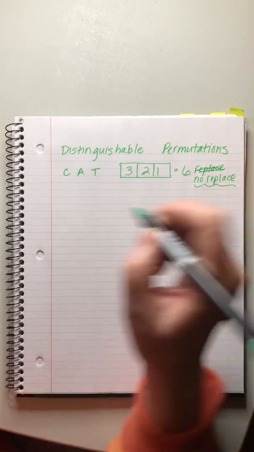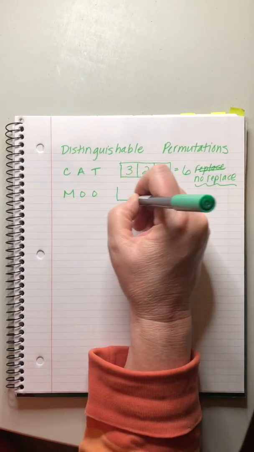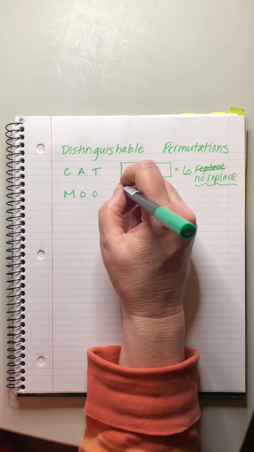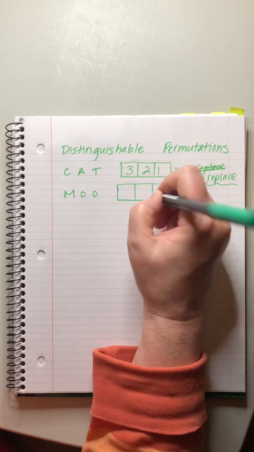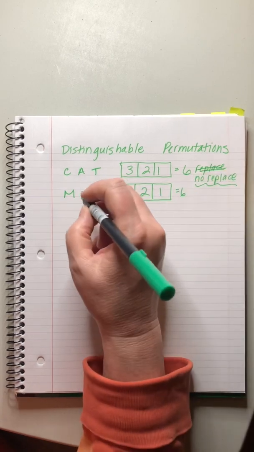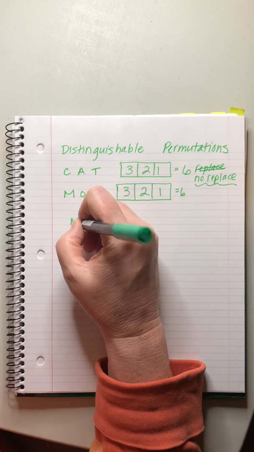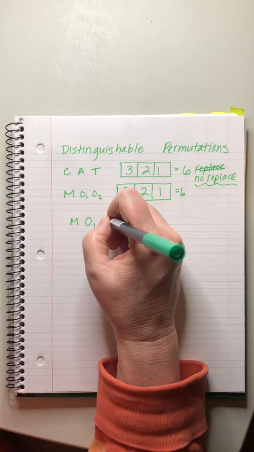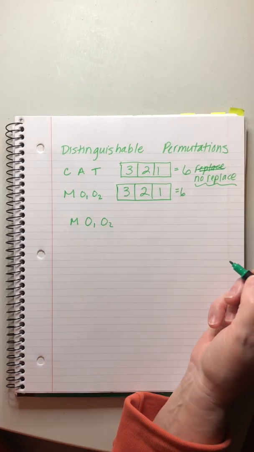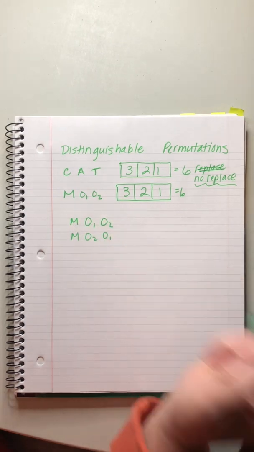Without replacement. But what if we're doing the word moo? Well, we'd still say 3, 2, 1. That's 6 ways. But let's call it O1 and O2. So we could do M, O1, O2 as one of the ways. And then we could switch the O's around, right?